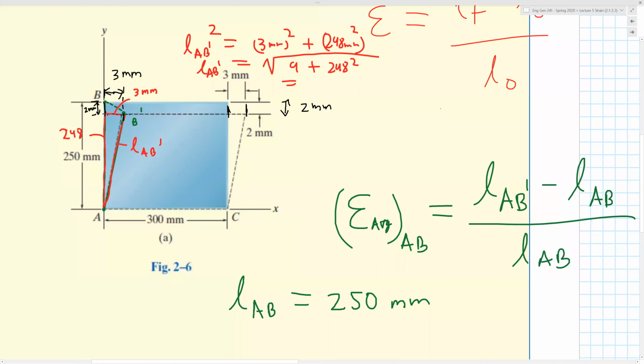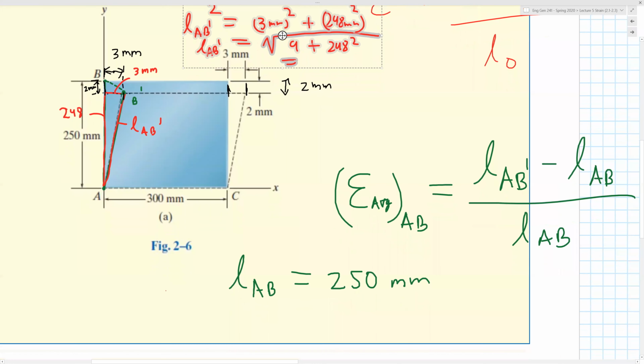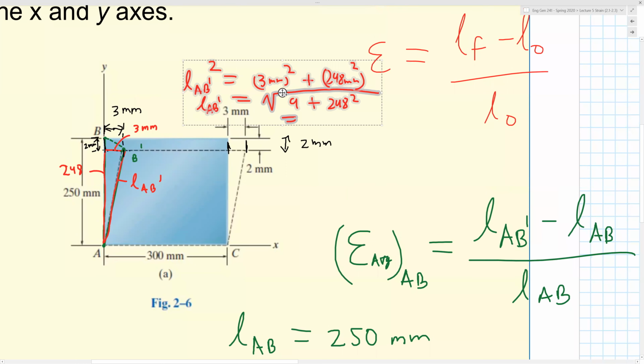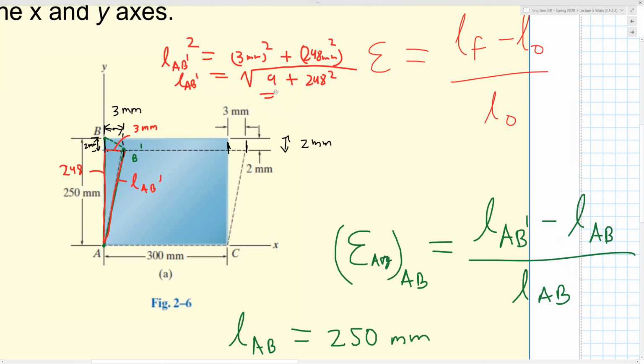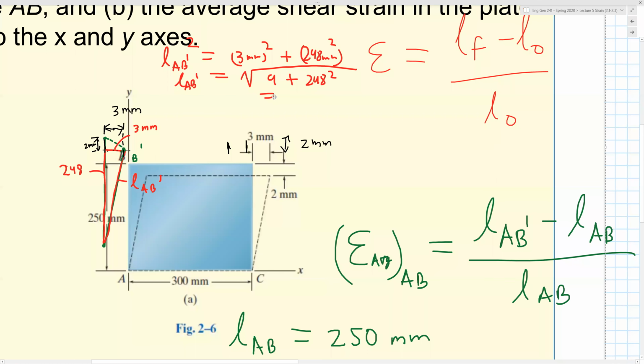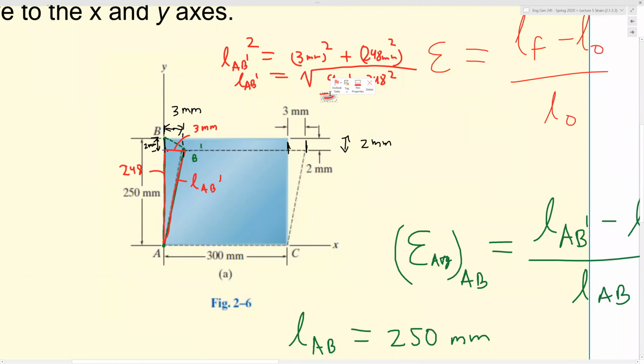Let me copy it again. Okay, so notice how we have to be as accurate as possible, because the numbers are very small.